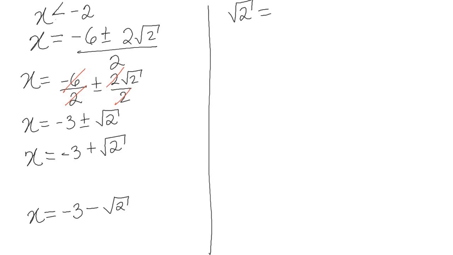I'm just trying to do it here on my calculator. I know it's less than 2 for sure. Square root of 2 is going to be approximately 1.414, right? So if we look at it, x equals -3 plus 1.414.